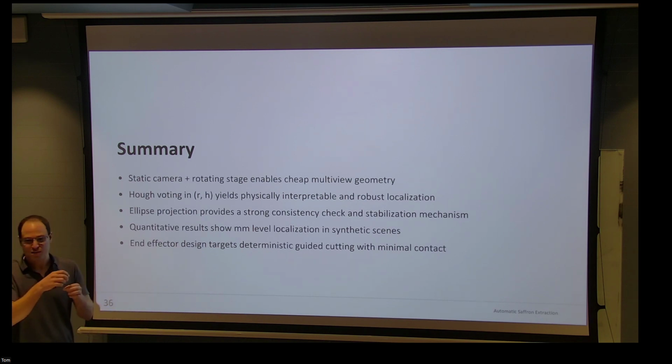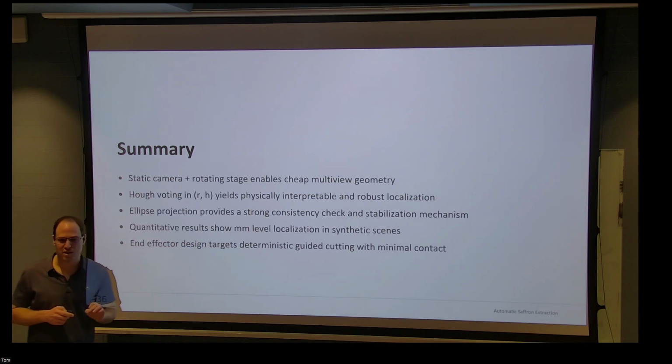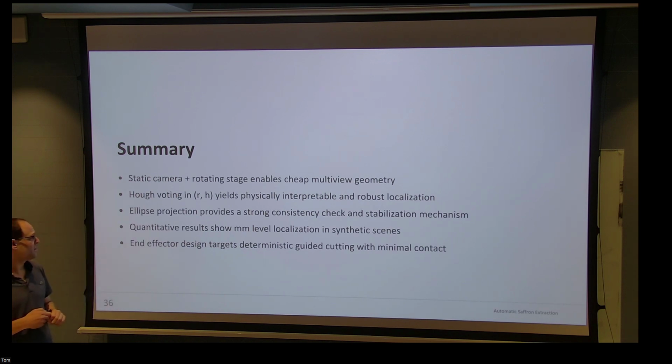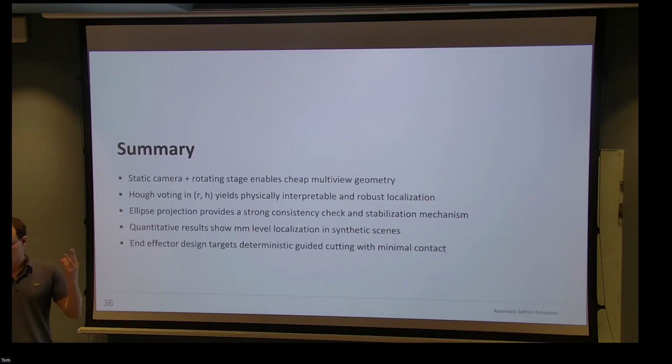We just need to know where we are on the circle. Quantitative results show we are fine in the accuracy that we want, millimeters, and then the effector helps us make a straight line movement without too much calculation, making it simple and cheap.